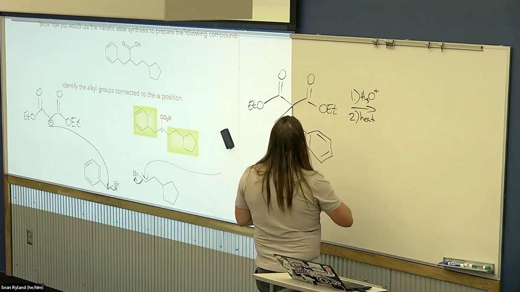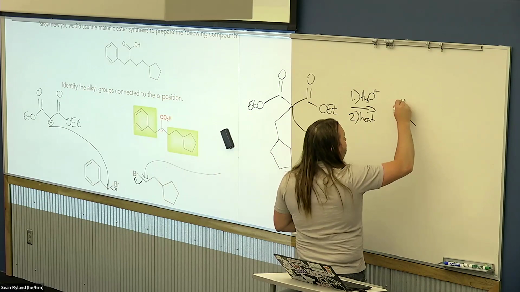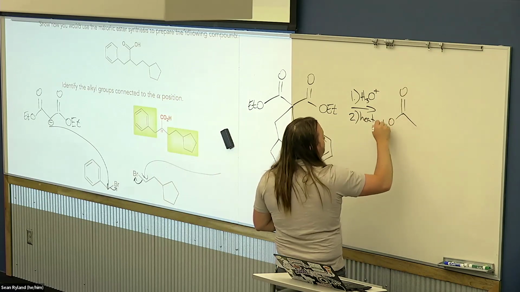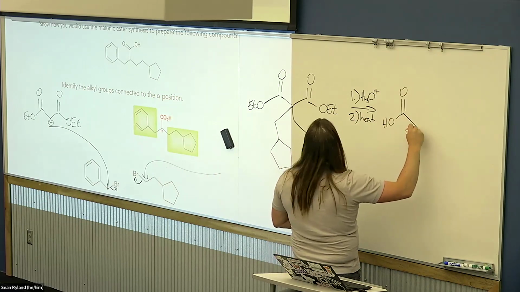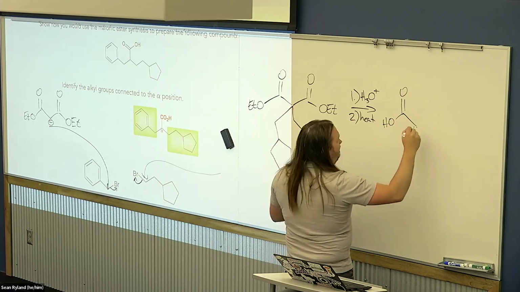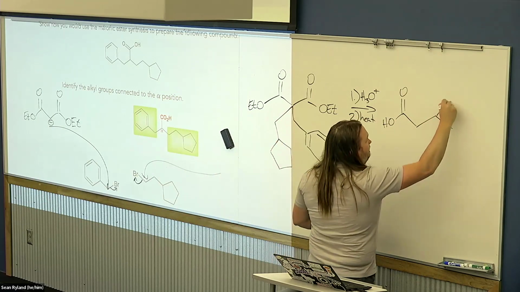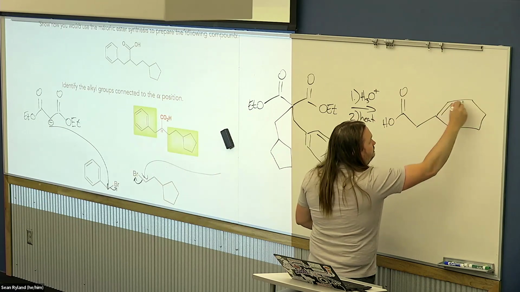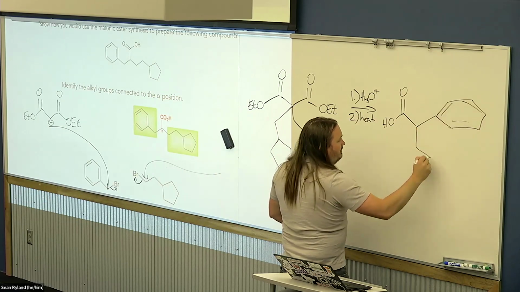So that final product is going to look like this: we're going to have one carbon in the phenyl group, 2 carbons.